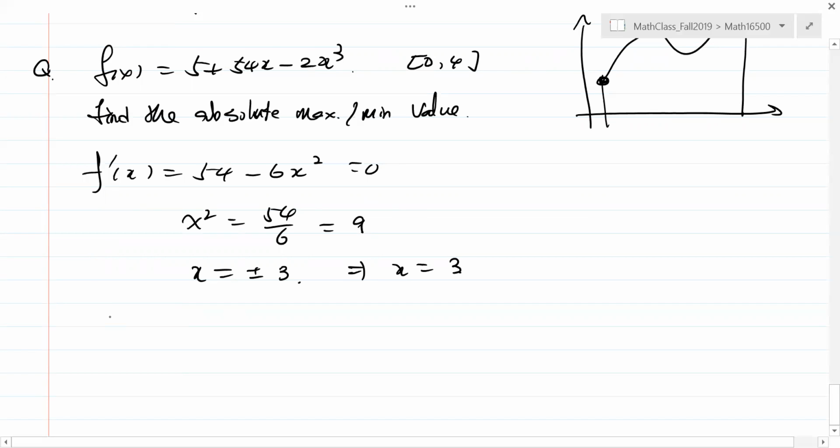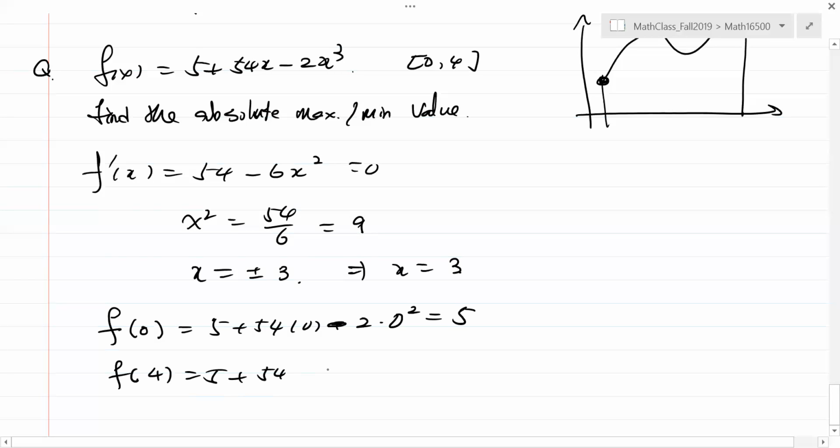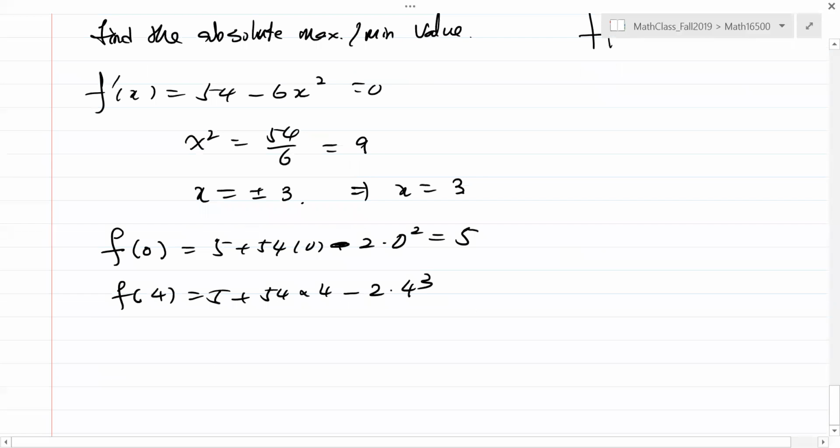So what we could do is just evaluate the function at the two endpoints. f of 0 is going to be 5, because 5 plus 54 times 0 minus 2 times 0 squared equals 5. f of 4 is 5 plus 54 times 4 minus 2 times 4 cubed.